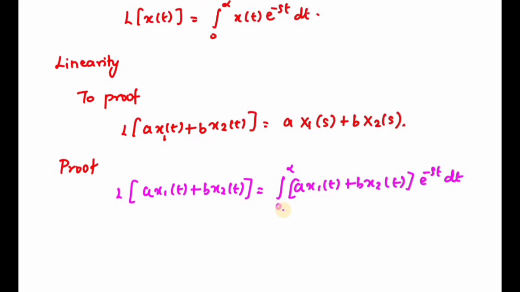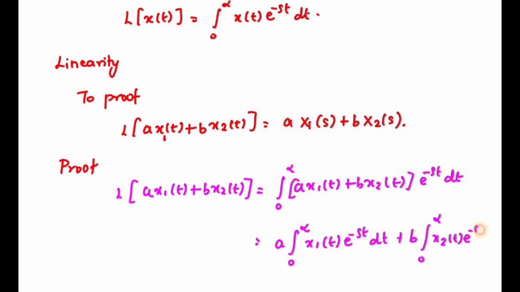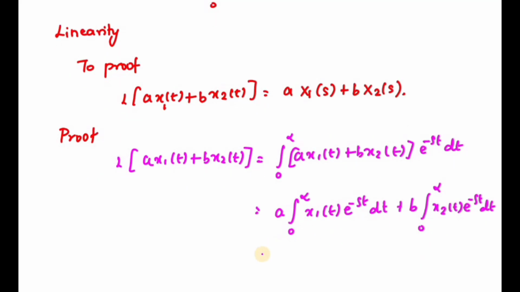Here I can separate this. I can take a common, x1 of t e power minus st, bringing the e power minus st inside, plus b into the integral from 0 to infinity of x2 of t e power minus st dt. So this I can write as a into X1 of s plus b into X2 of s.